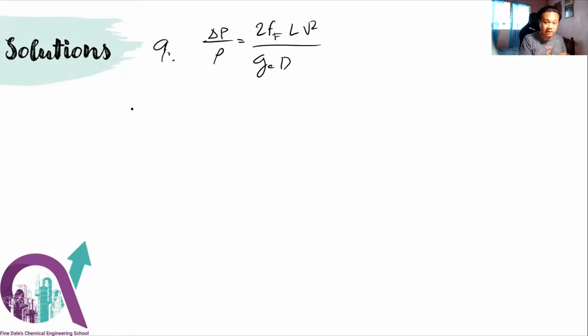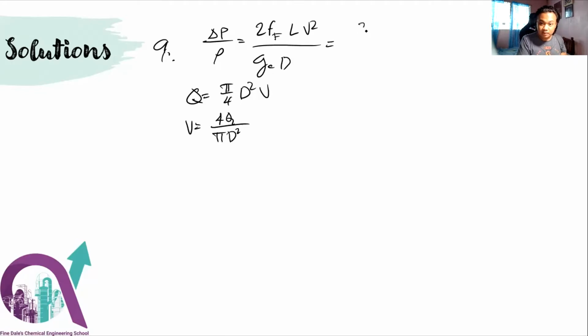Okay? And then you have the volumetric flow rate. Then it's just the area times the velocity of the fluid. And then if we rearrange that, we have 4Q over pi D squared. So let's substitute that here.